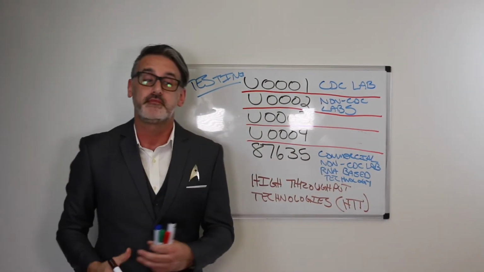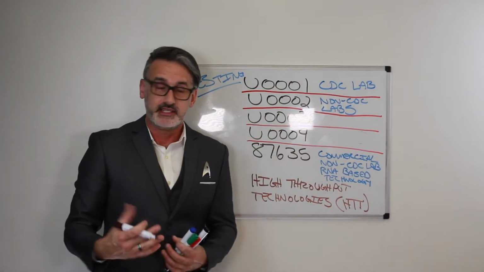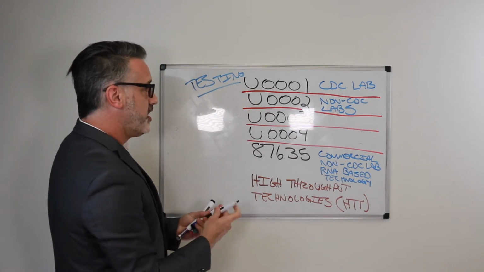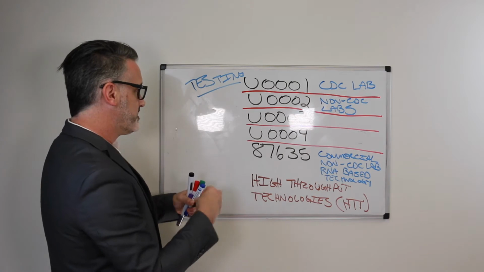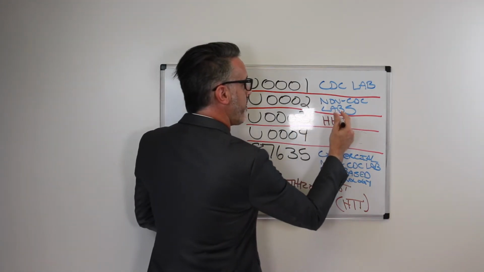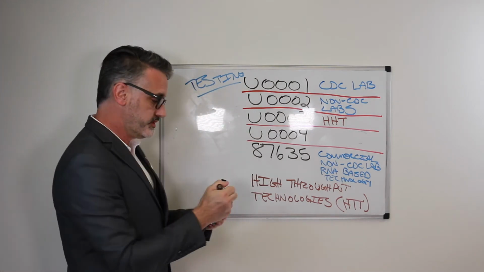As I said, after about a month of having the COVID-19 testing, they added the U0003, which is high throughput technologies, as far as simply the type of technology that's used.